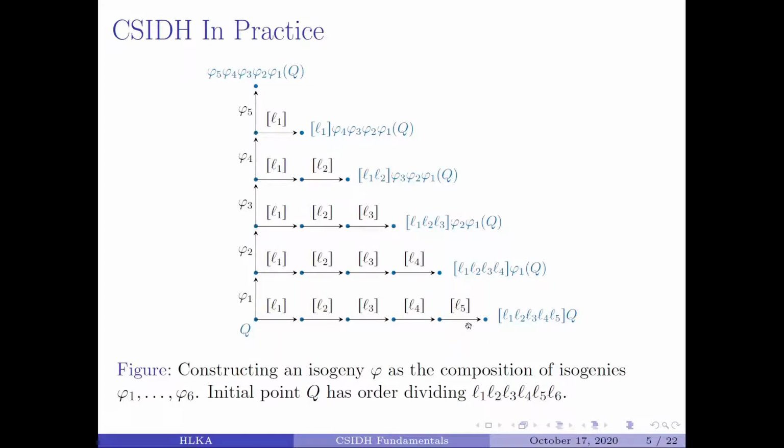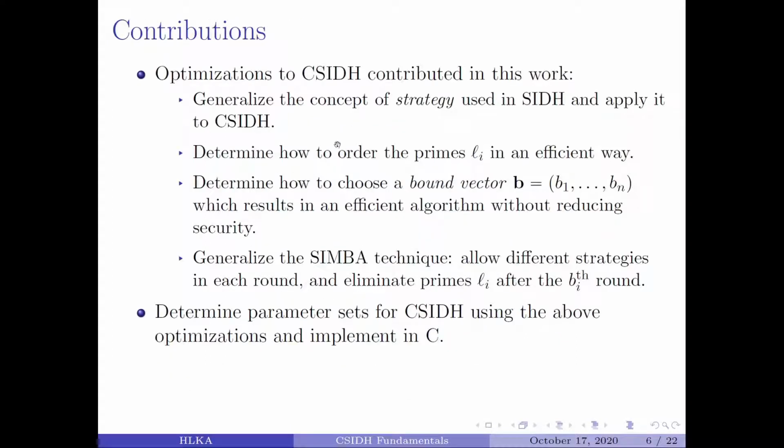So this is how the group action evaluation algorithm works as it was originally described, and our paper was about optimizing it. So we did that in a few different ways. We generalized the concept of strategy that was previously used in CSIDH and applied it to CSIDE. Within each strategy, we also found how to order the primes Li in a more efficient way.